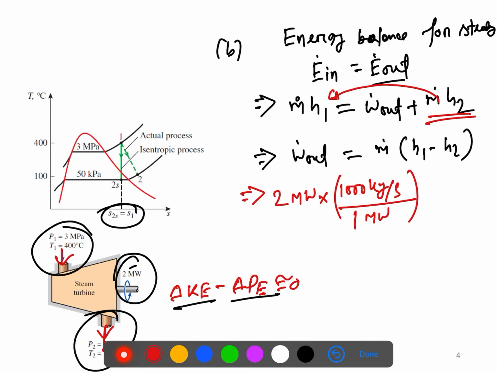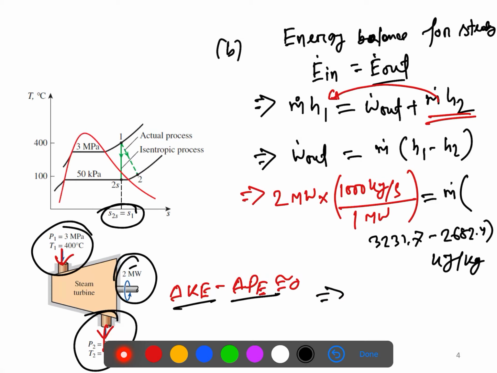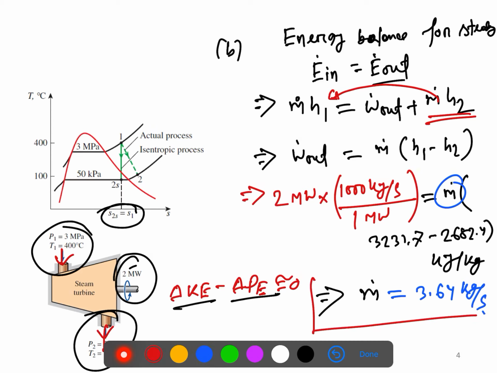So we can write it this way. We need to calculate the mass flow: h1 is 3231.7 minus h2 is 2682.4, kilojoule per kg. If we simplify this, we will get the mass flow from here. So m dot is 3.64 kg per second. So this is actually the mass flow rate.